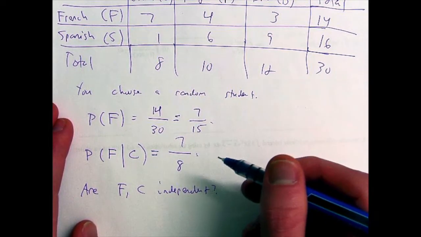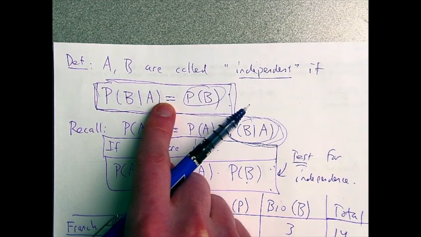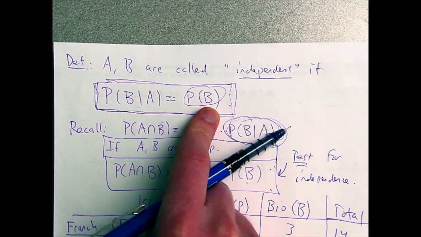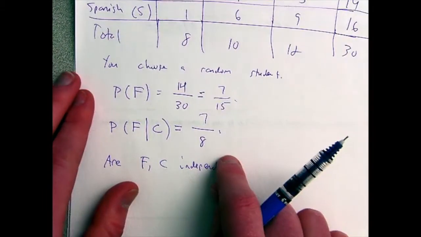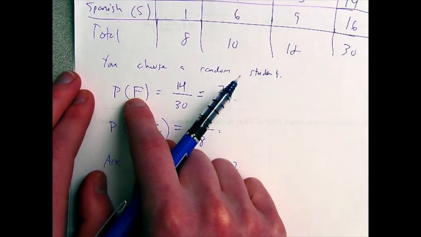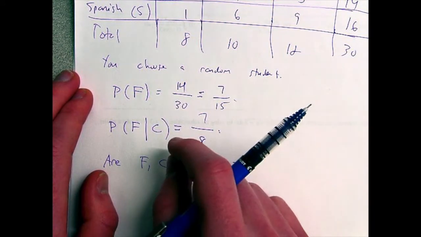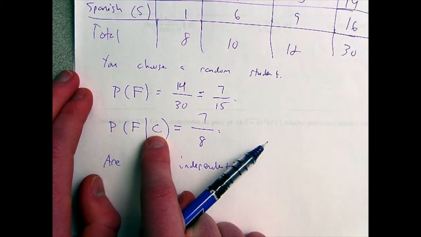If you go back to the definition of independence, it says that the probability of B happening given that A has occurred should be the same as the probability of just B happening without that assumption. In our case, if the events student studies French and student studies chemistry are independent, then making the assumption that they study chemistry should have no influence on the probability that they study French.